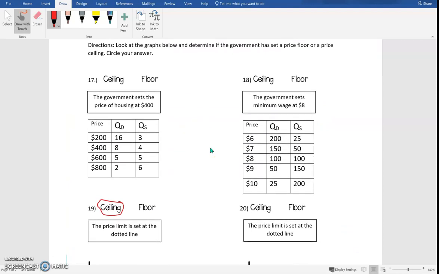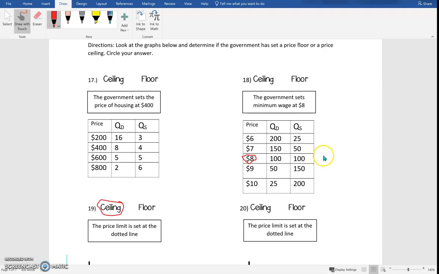Let's look at number 18. The government sets minimum wage at $8. So looking here at this price, $8. In both of these, we have a price, a quantity demanded, and quantity supplied. That's what the QD, QS mean. So my equilibrium is where the quantity demanded and quantity supplied would be the same at a particular price.